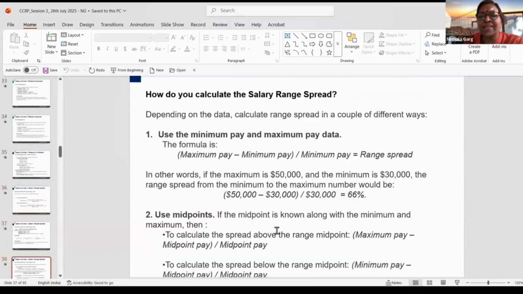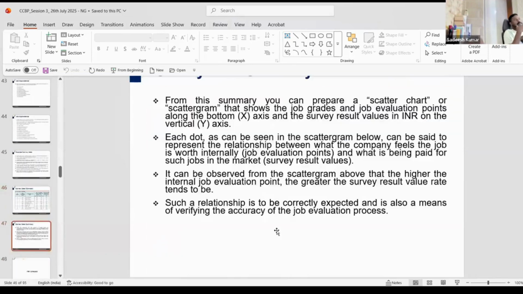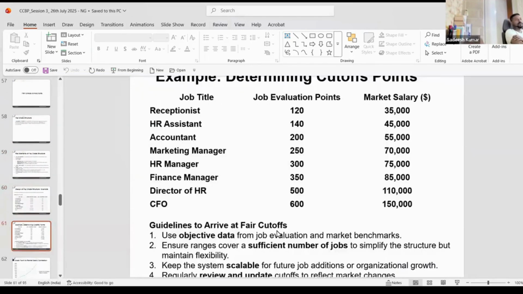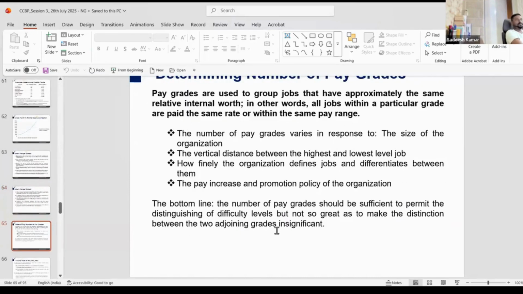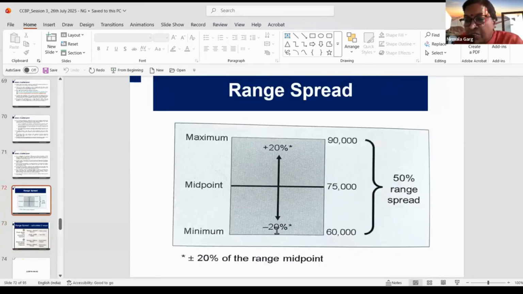The spread is for us to anticipate promotions or increments or whatever we are planning for. This is also called width, or salary range spread.